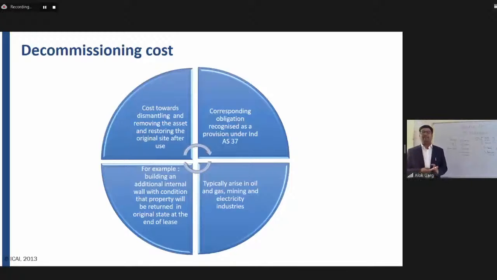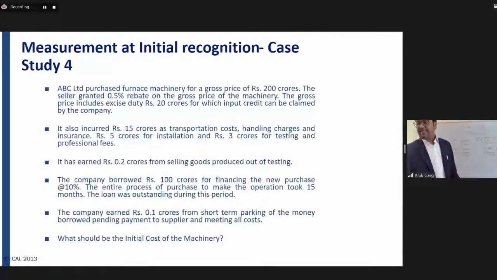The classic example is telecom passive infra companies like American Tower Corporation, Bharti Infratel Limited, Indus Towers Limited. For example, building an additional internal wall with the condition that the property will be returned in the original state at the end of the lease. Friends, are you clear so far?